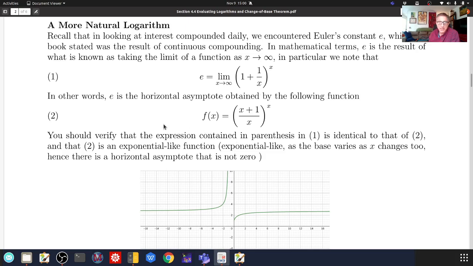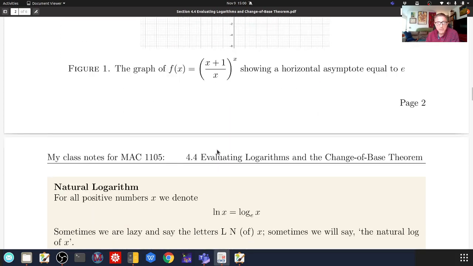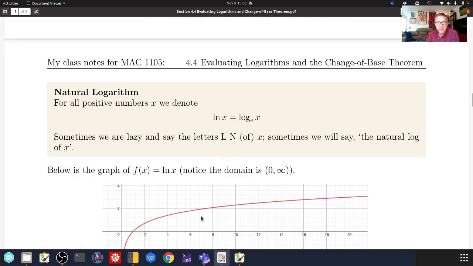So if we call the function f of x equal to this, as x approaches infinity, if we look at it on the graph, we can see that the value of f of x approaches a horizontal asymptote. And that asymptote is the value of e. And we've told you what that value is.